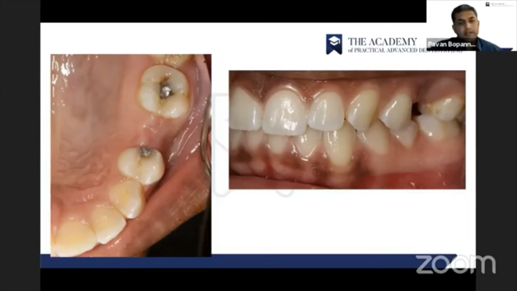So this patient lost her upper left 5 due to a vertical fracture, and she was referred by a dentist from East London. She is a producer for the BBC, and she really wanted an immediate restoration there. Okay.